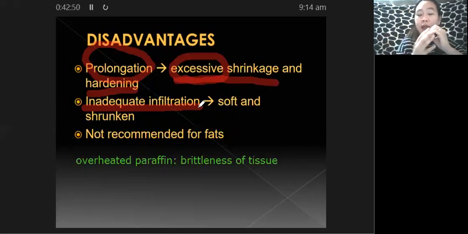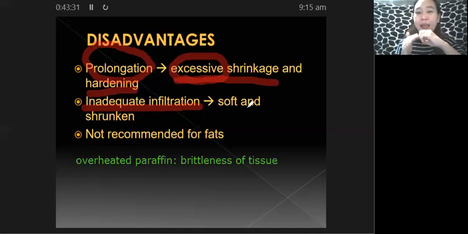Okay? So meaning, pwedeng ano siya, yung ano bang tawag sa Filipino nito or Tagalog? Pwede siyang lupaypay. What's lupaypay in English? Okay. Basta it will not have a circular appearance. Okay? So that's shrunken. In this case, kasi the shrinkage that is caused by prolonged immersion, the entire tissue sample will really shrink. Okay, liliit talaga siya in size.